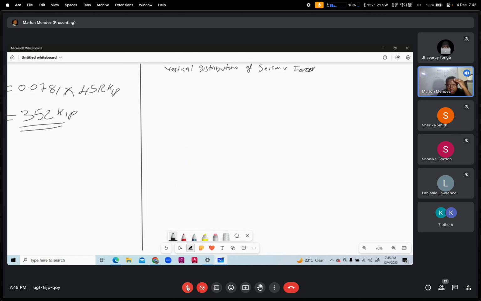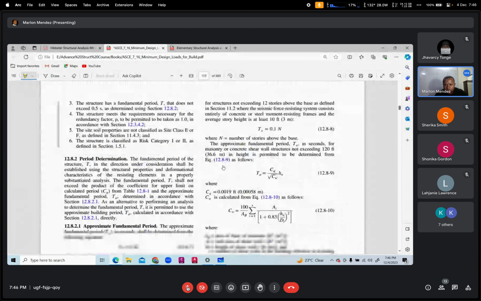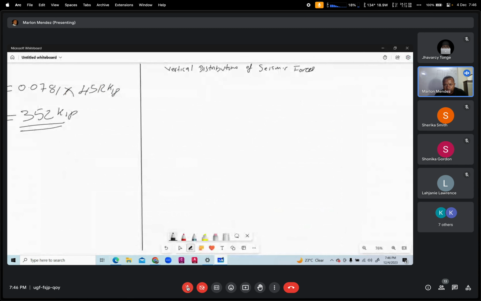So what we do in order to distribute this is there is another formula that will be given. Let me just check it here. This is the vertical distribution formula, so let us apply it now.